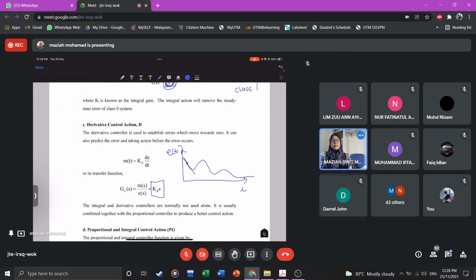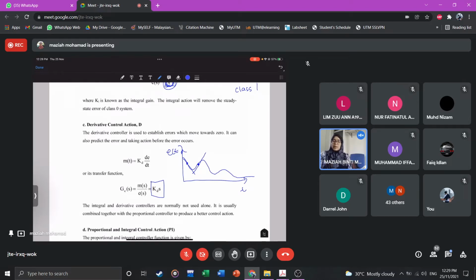When the gradient is negative, we know the error is getting smaller. But at this point here, the gradient is positive, then we know that the error is getting bigger. So by knowing the derivative of the error, we will be able to predict the direction of the error, and therefore we can take action before the error occurs.